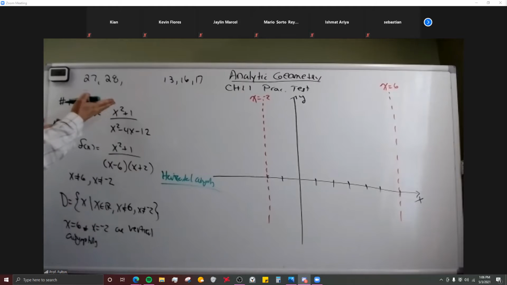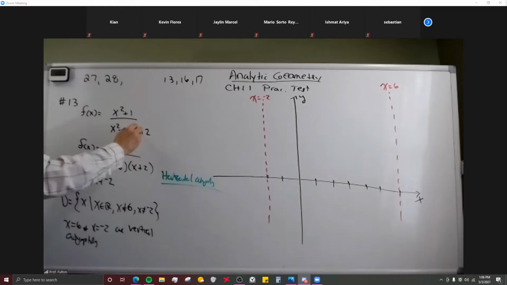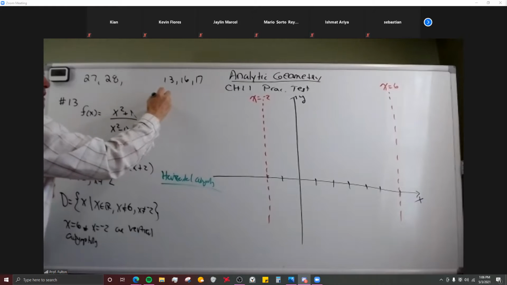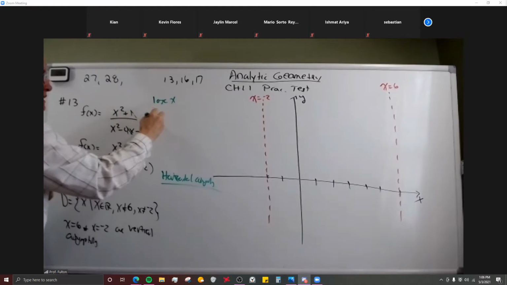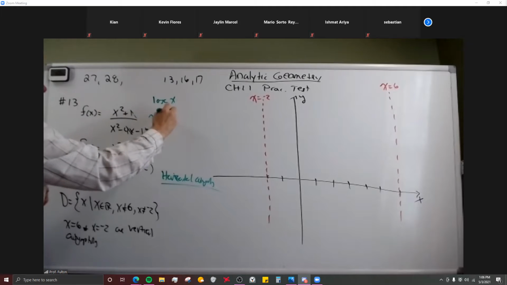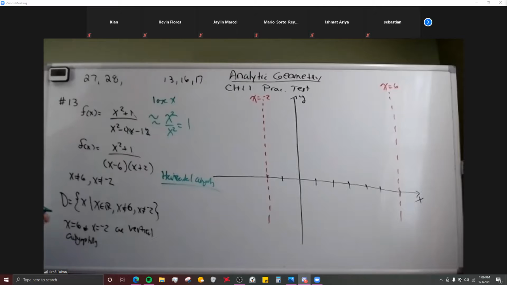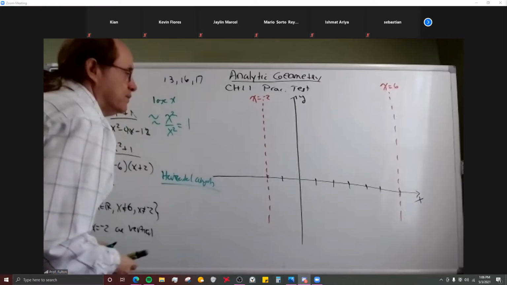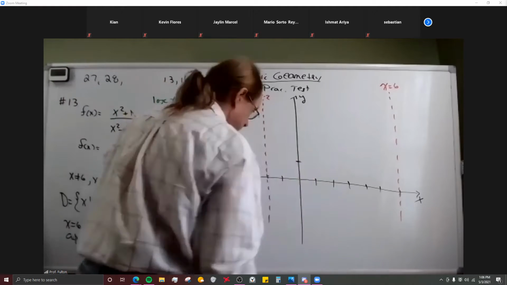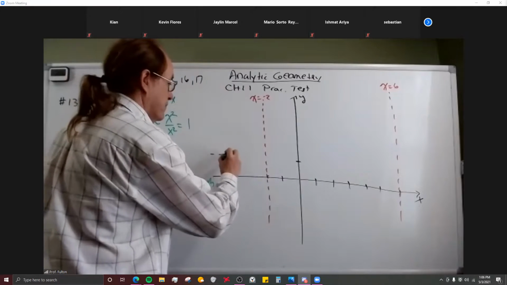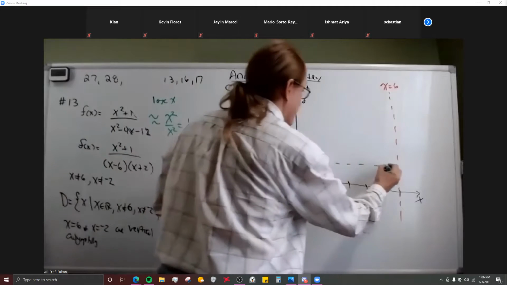I go back to the original unfactored form. When x is very large, I can ignore the constants and I can ignore the x term. So for large x, this is approximately equal to x squared over x squared, which is 1. So if I go over to the y value equal to 1, that is going to be my horizontal asymptote.